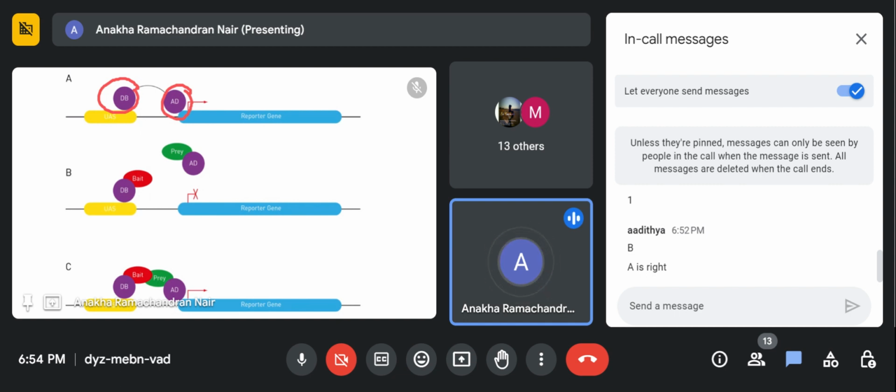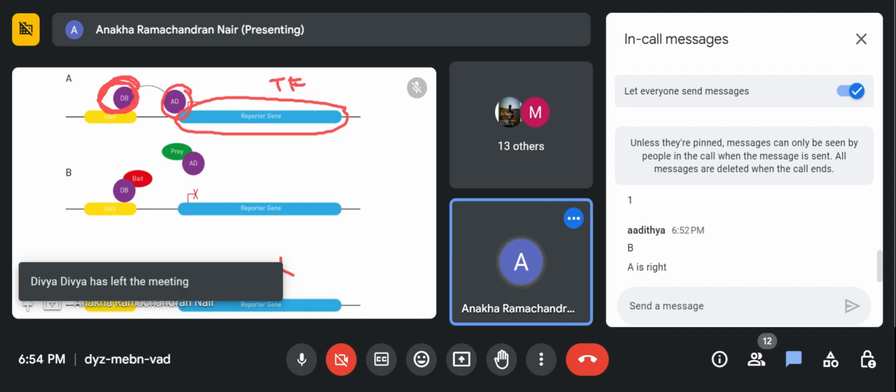If this is a transcription factor for this particular gene, it will have a DNA binding domain and an activation domain. The DNA binding domain will attach to this area upstream of the gene, and the AD domain, that is the activation domain, activates the expression of this gene.